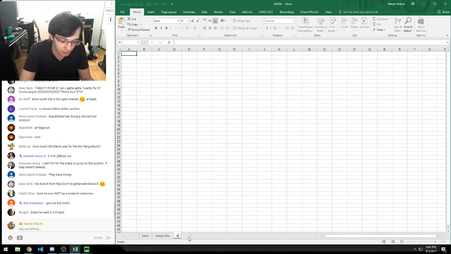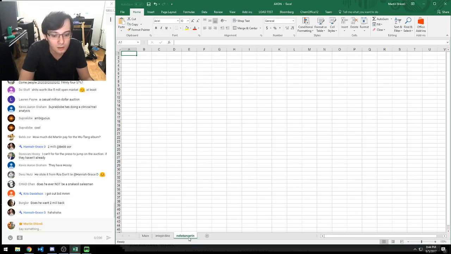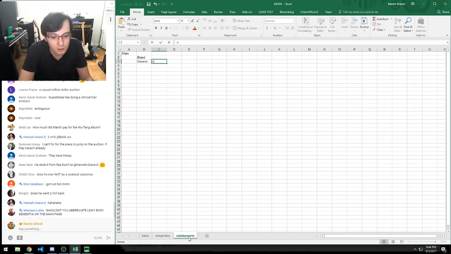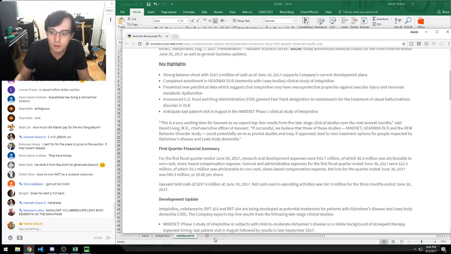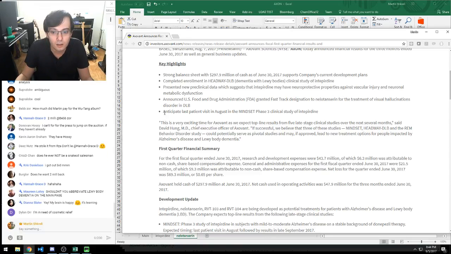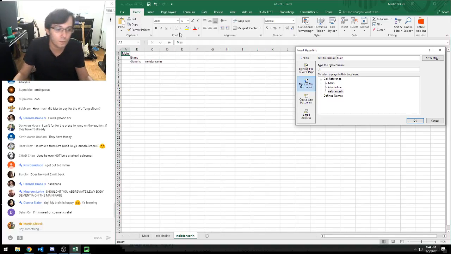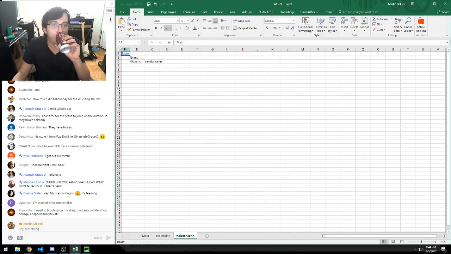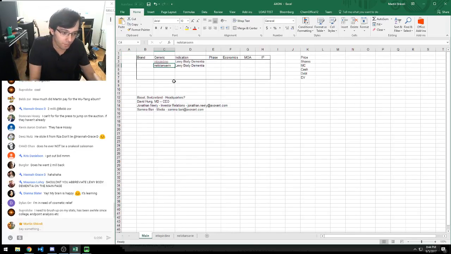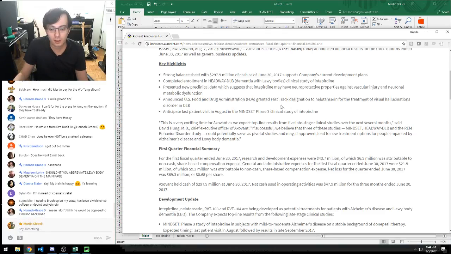I like Lewy body dementia, so I'm going to write it that way, but let's keep that in mind. This is nelotanserin, right? Brand name, generic name, nelotanserin. All right, great. So again, we'll make the links.